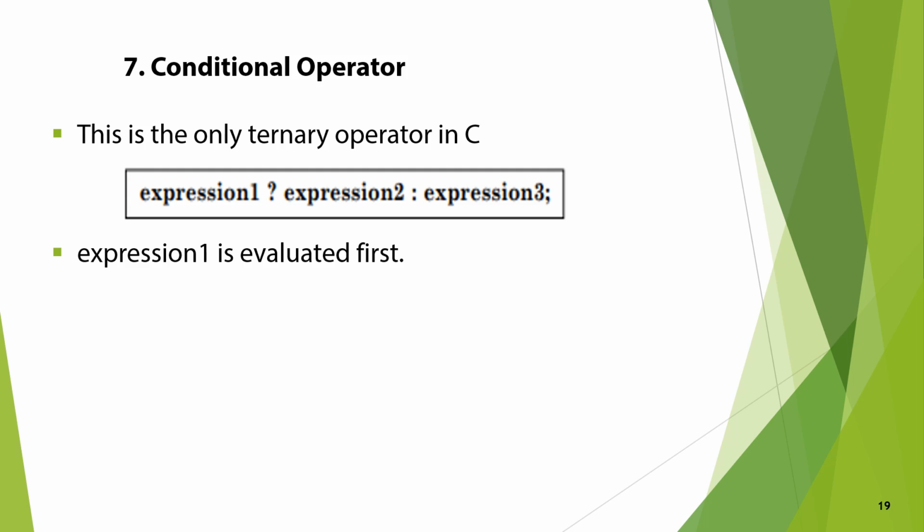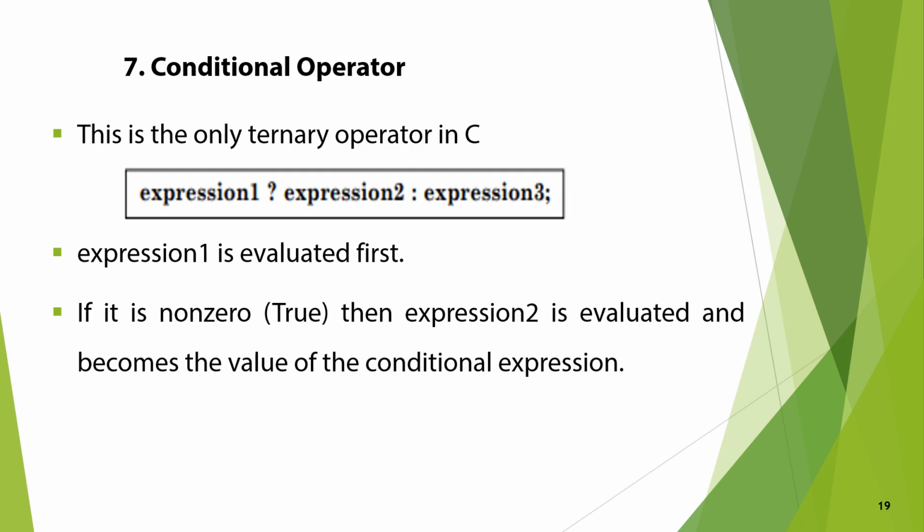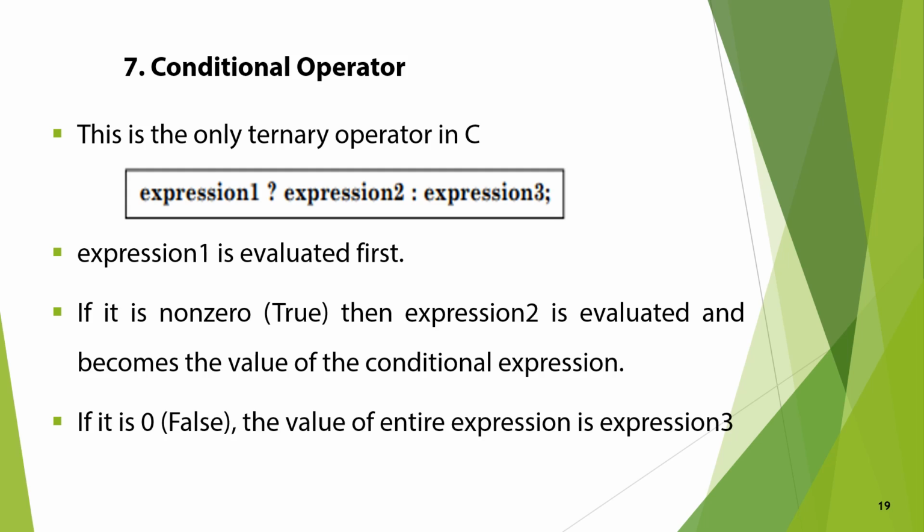So expression 1 is evaluated first. Then if the answer of expression 1 is true, or non-zero, then expression 2 will be evaluated, and it will be the answer of this conditional expression. But if the answer of expression 1 is false or 0, then expression 3 will be evaluated, and it will be the answer of the conditional expression.